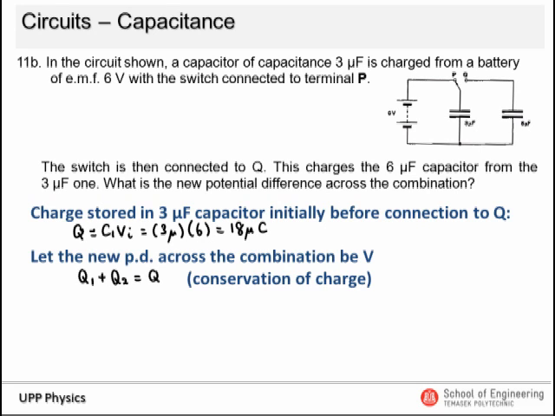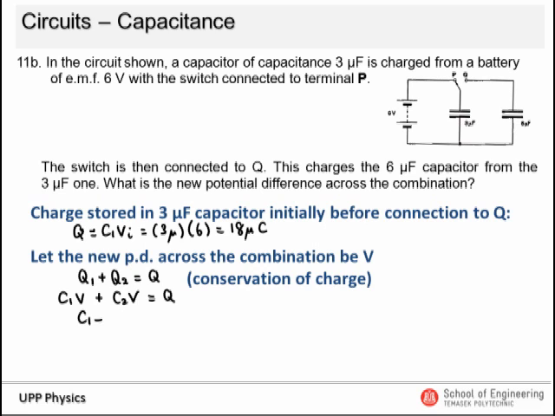Then applying the formula to calculate the charge stored on the capacitors, we have C1 times V equal to Q1 and C2 times V equal to Q2, and the whole thing will be equal to Q. Because the two capacitors have a common PD, the potential difference is multiplied with the two capacitances. So let's do some factorization.